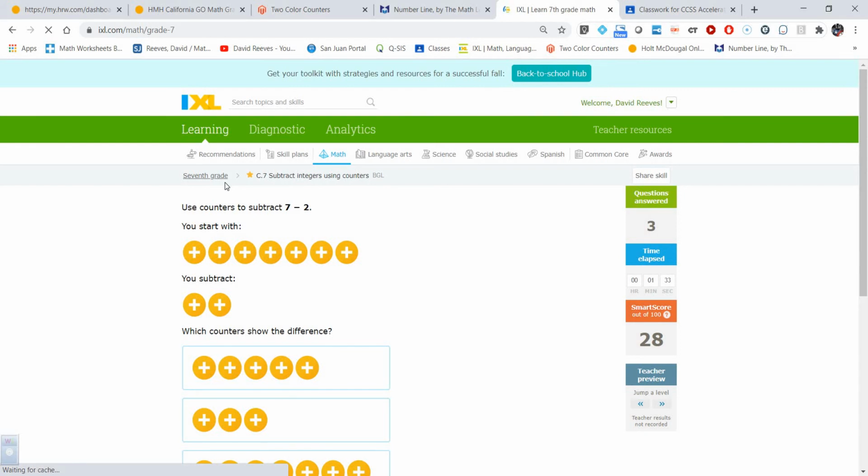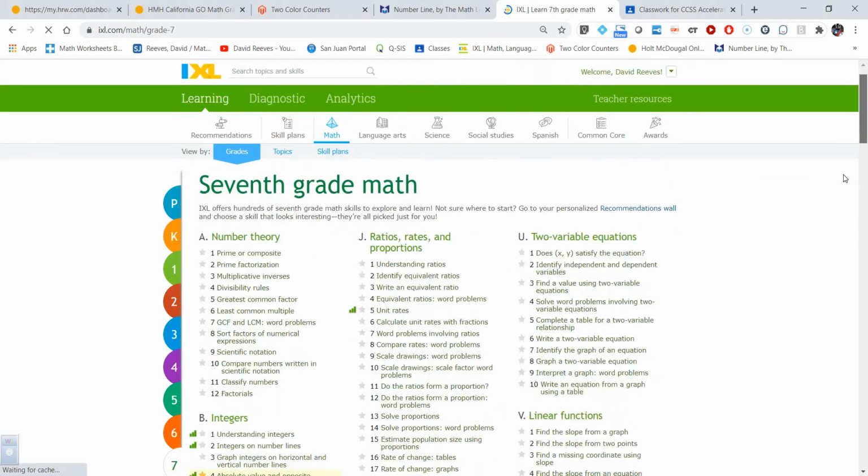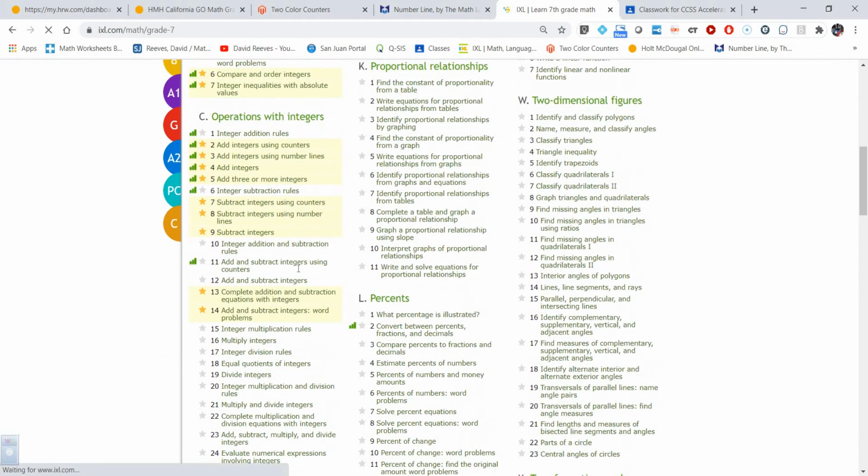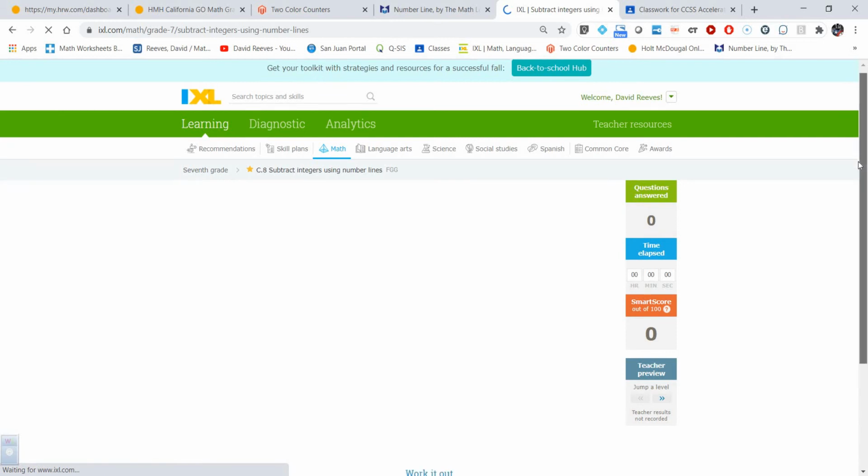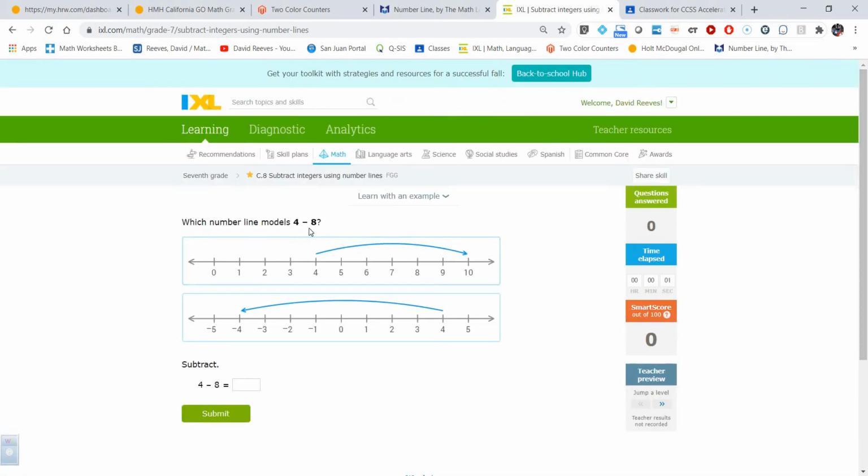I'm going to go back to 7th grade and I'm going to go to the next skill, which is subtracting integers using number lines. All right, so here we go. Which number line models 4 take away 8? So first of all, we need to start at that number.